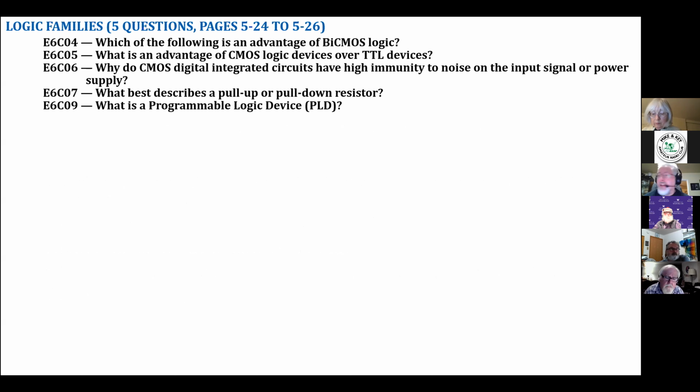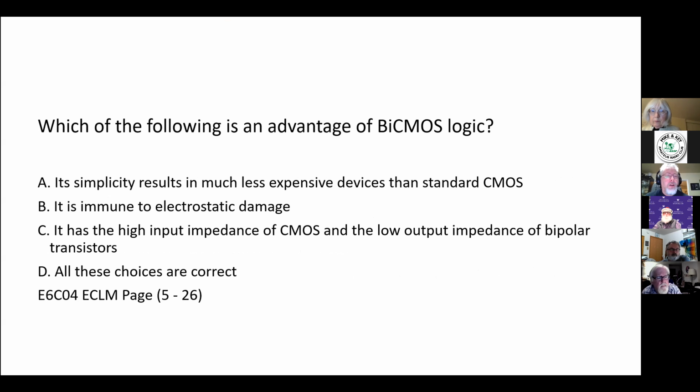5 questions in logic families. Which of the following is an advantage of BiCMOS logic? A, it simply results in much less expensive devices than standard CMOS. B, it is immune to electrostatic discharge.